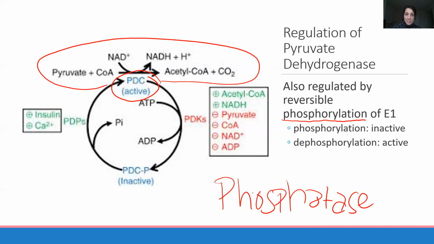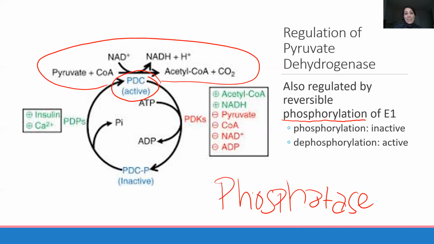Kinases and phosphatases are all over the place. They have unique roles in that they will be a kinase for one specific molecule or a phosphatase for one specific molecule, but ultimately they act the same way at their core. This phosphatase is called pyruvate dehydrogenase phosphatase, meaning it's a phosphatase for pyruvate dehydrogenase complex, and it will remove the phosphate.